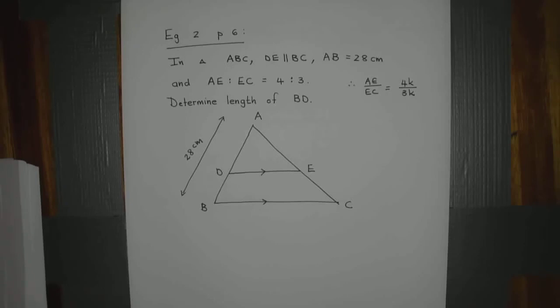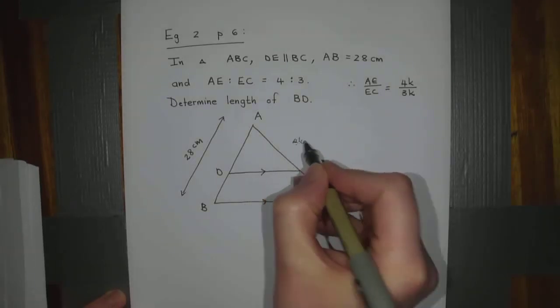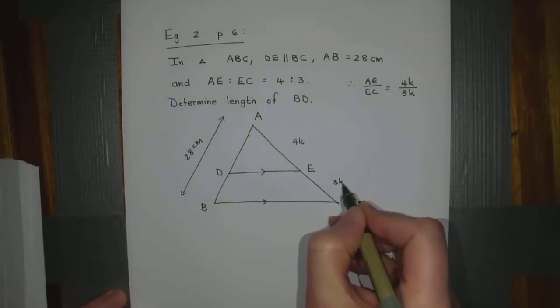Do you understand what I'm saying? So please immediately chuck a K or an L or an M or a P or a Q, some type of variable in there, just to remind you it's not equal to 4, it's the ratio. Got it? So I can then go and say this is then 4K and this is then 3K.